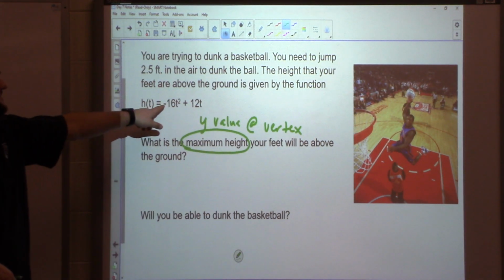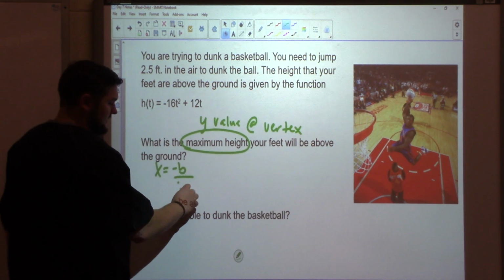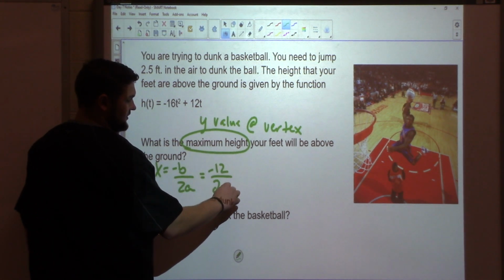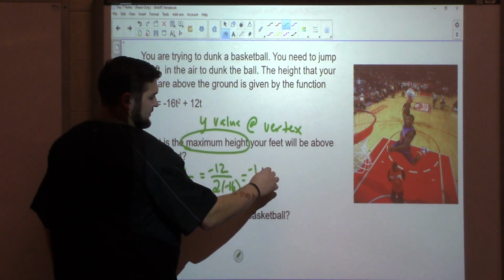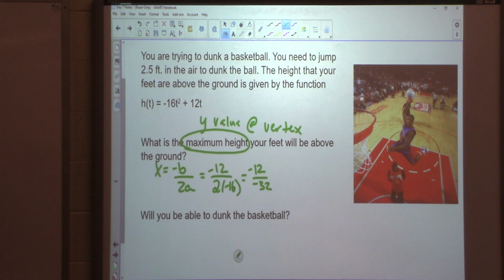So, to find that, I'm still in standard form. I need to find the x value first. Negative b over 2a. So negative 12 over 2 times negative 16, or negative 12 over negative 32. Does that come out to a nice number? 3/8.